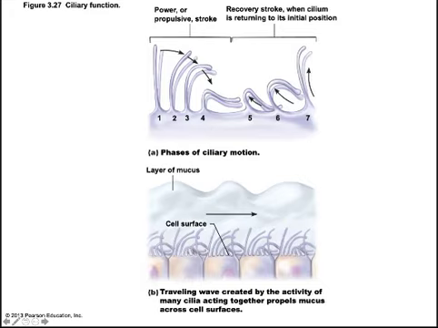Whereas flagella are designed to propel a single cell from one location to another, and the only cell in the human body that has a flagella is the sperm cell, and that's important because the sperm cell has a long journey to get from the tip of the penis all the way to the ovulated egg in the female reproductive tract and faces many obstacles along the way. So at the very least, it has to have some method of propelling it this great distance.